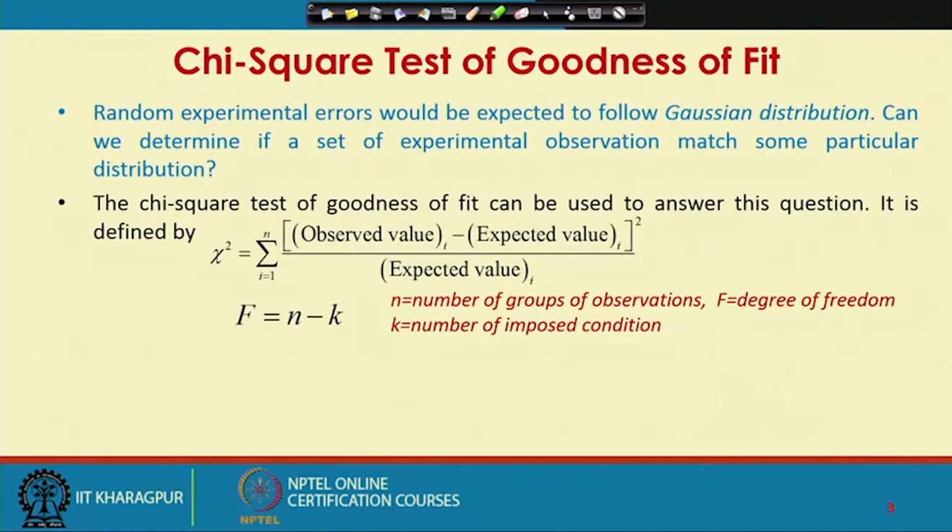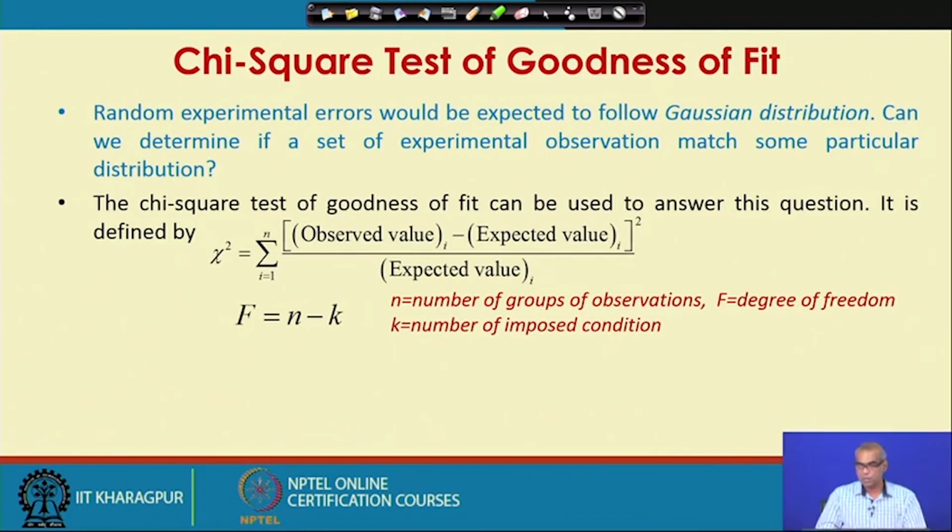Is it possible to say whether this experimental observation matches some particular distribution? So, the question we ask is, can we determine if a set of experimental observations match some particular distribution? The chi-square test of goodness of fit can be used to answer this question.